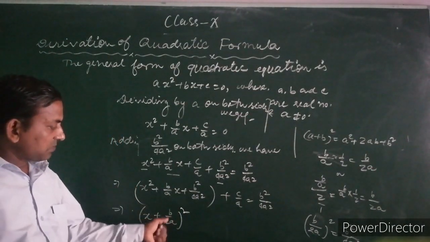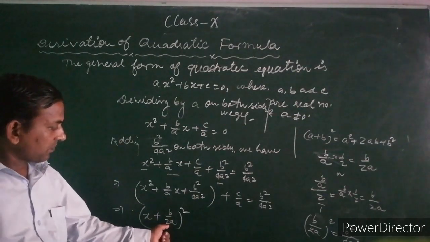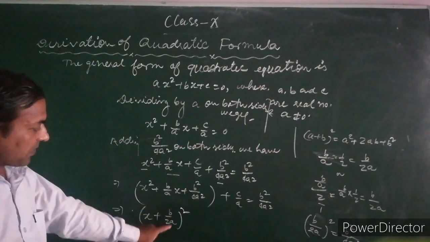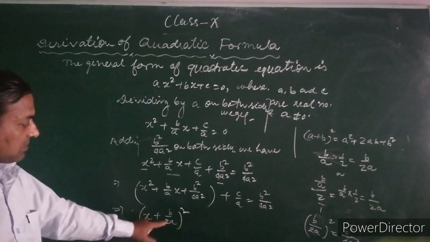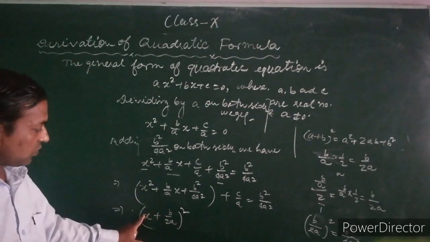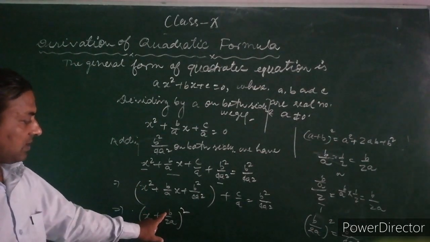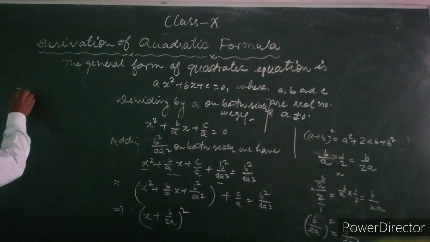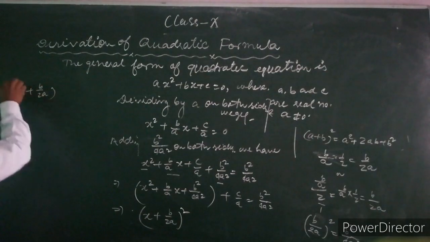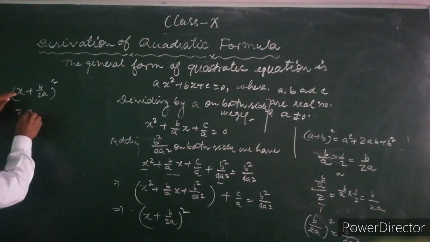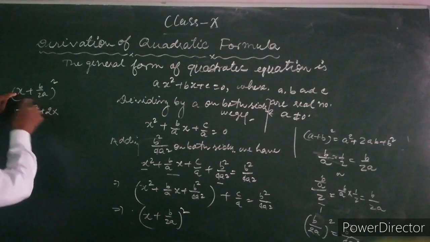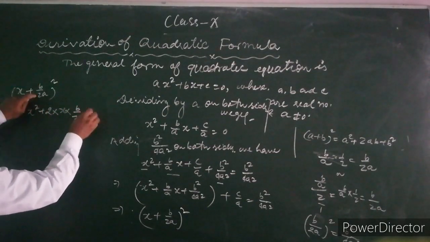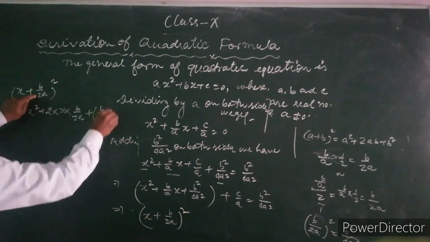And if x plus b upon 2a whole square is equal to a plus b whole square, like here: x square plus 2 into first term into second term plus second term square. Clear? Check here: x plus b upon 2a whole square. That is x square plus 2 into first term x into second term b upon 2a plus the second term square, b upon 2a whole square.